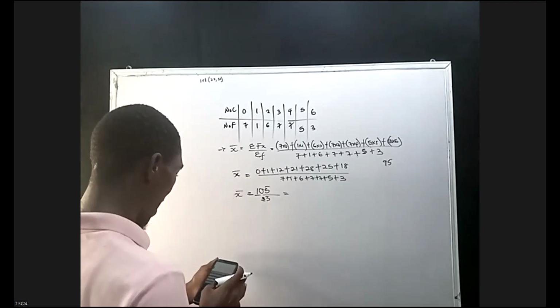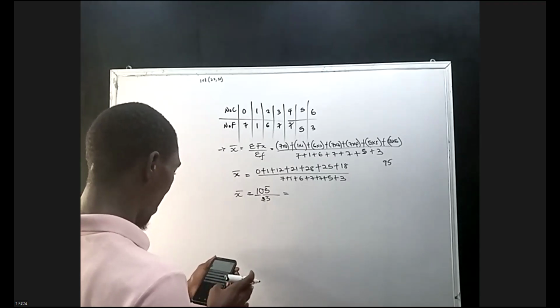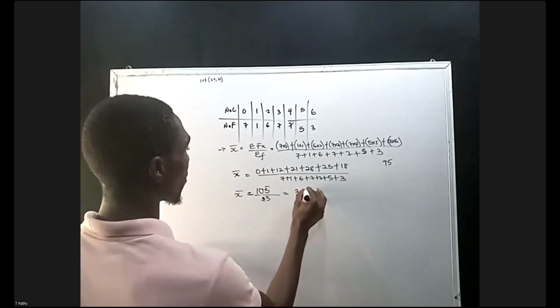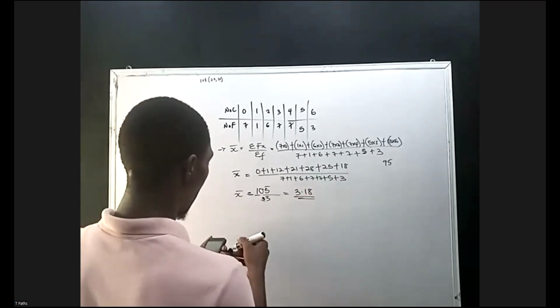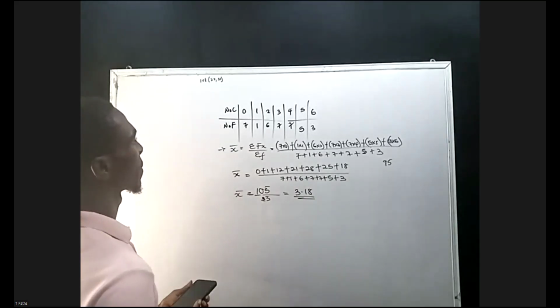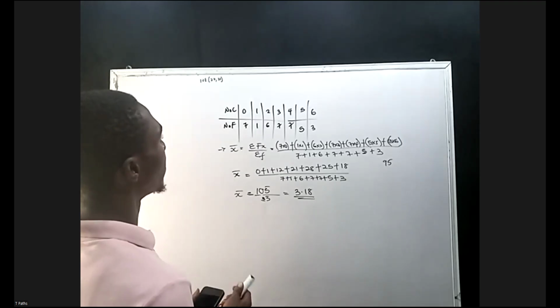You divide 105 by 33, so the exact answer you should have is 3.18. So we are moving to the next one, the mode.